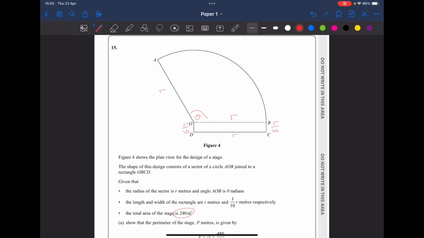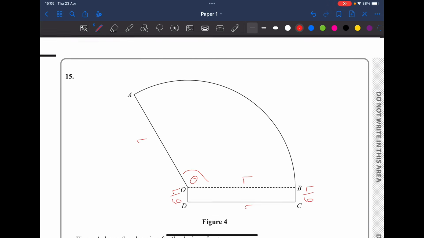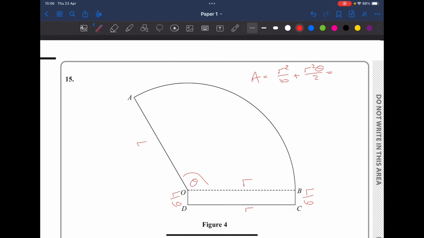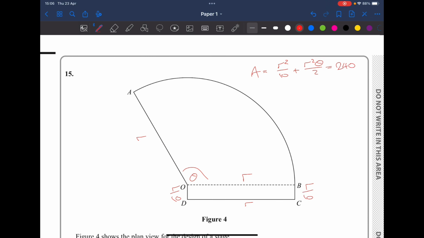Find the perimeter. Okay. So let's work out the stuff for the area then. The area of the rectangle is going to be a tenth of r times r, so r squared on 10, plus the area of the sector, which is always going to be r squared theta on 2. And this then, was it 480? 240. So it's equal to 240.